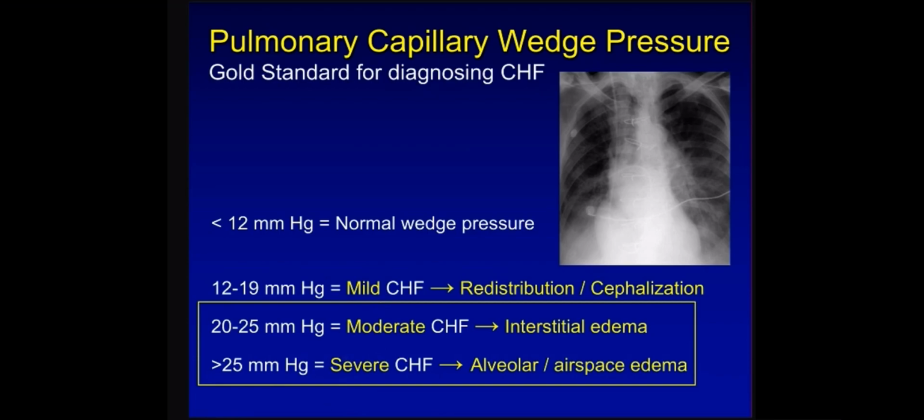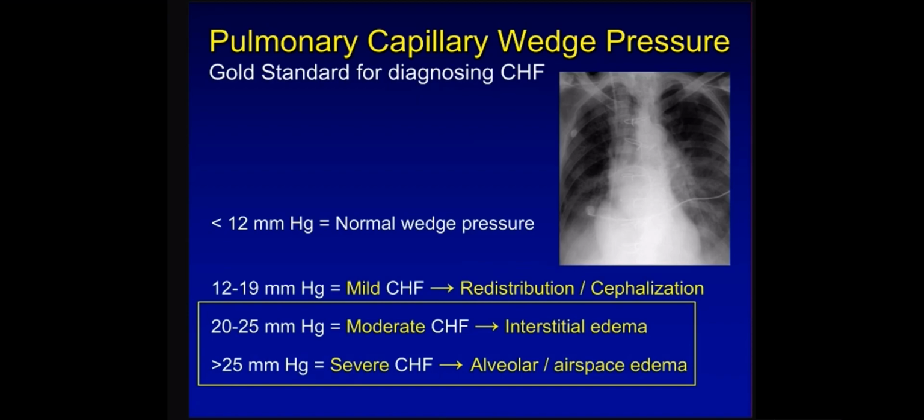Now, in mild CHF, as we'll call it, you would see simply redistribution of the vascular markings within the lung. The vascular structures in the upper lungs will be equal to those in the lower lungs. And this would refer just to findings in an erect patient. You could simulate that appearance in a supine person just because of the effects of gravity.